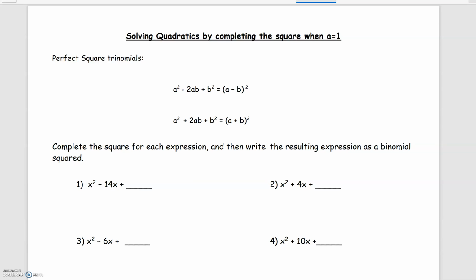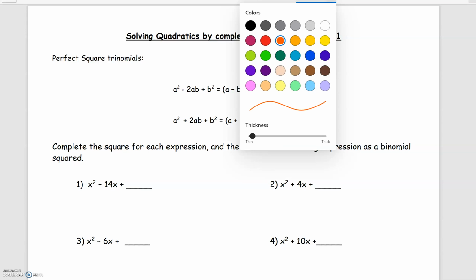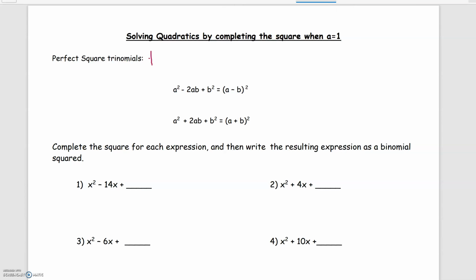In this video, we are going to solve quadratics by completing the square when both a is 1 and when a is not 1. So this is a trinomial such that the factors are the same.